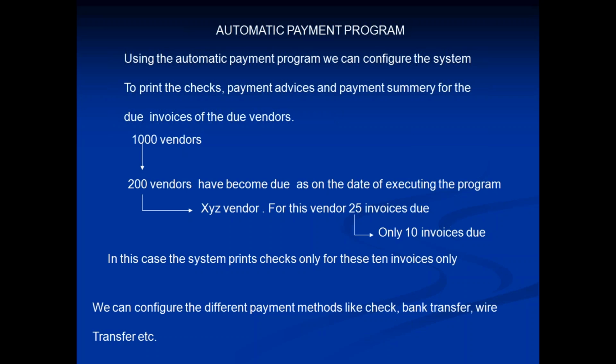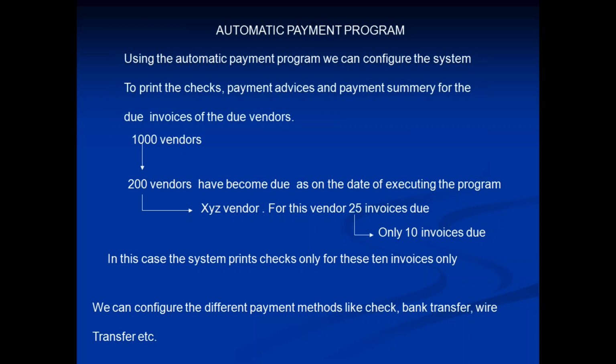Suppose we have 1000 vendors in our company; this program is not executed every day. It is done on a weekly, fortnightly or monthly basis, depending on the requirement of the client's process. Normally we run it on a weekly basis.